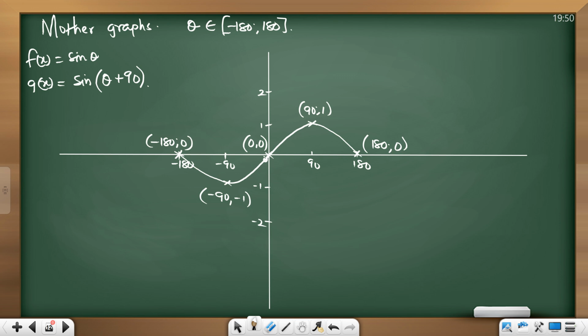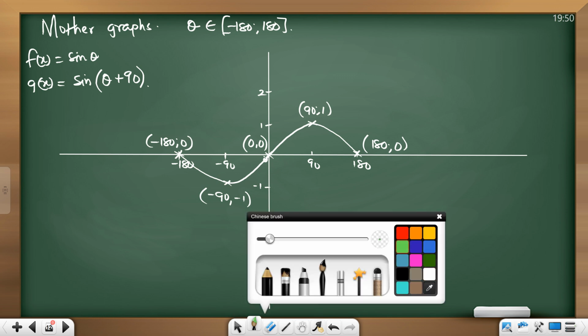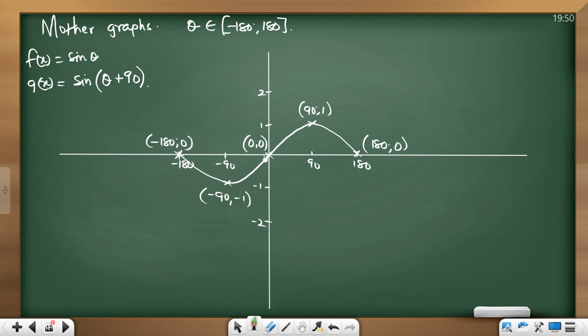What will this graph look like? Let's shift every point that we see here 90 degrees. Which means this 180 here would come here. This 90 would come here. Do we agree?